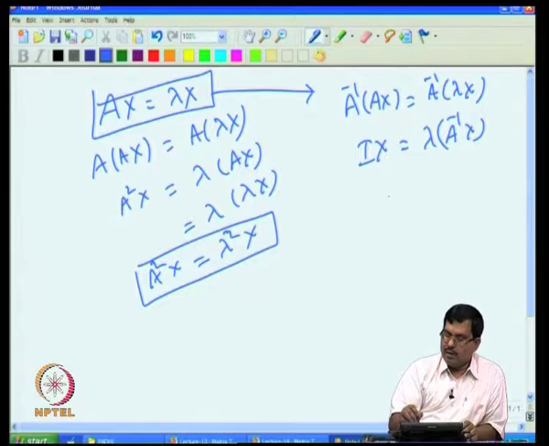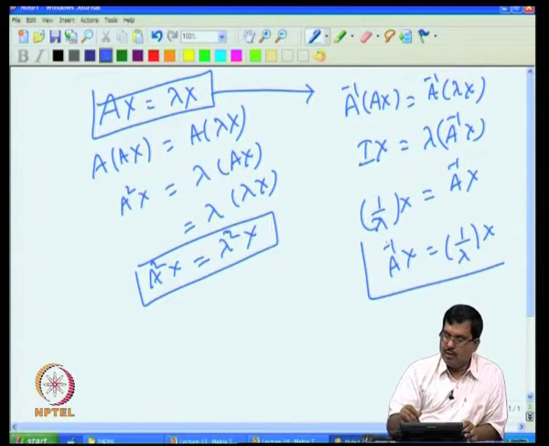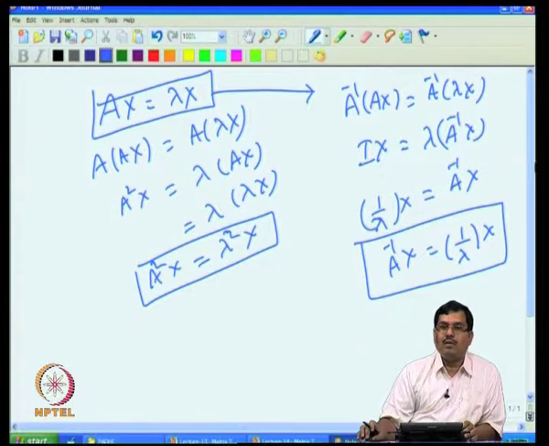So, what I get? I will get 1 by lambda times x is nothing but A inverse x. So, if you just rewrite the same equation, left side into right side and right into left, what you are getting? A inverse x is actually 1 by lambda times x. So, this equation tells us that 1 by lambda is an eigenvalue for A inverse actually. Okay. And again as a corollary, eigenvectors remain same.